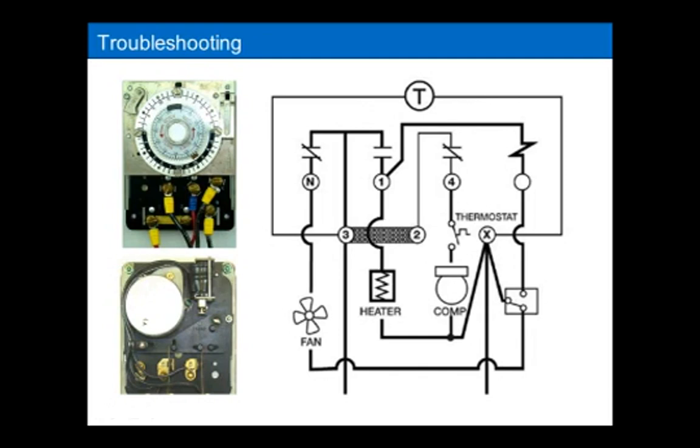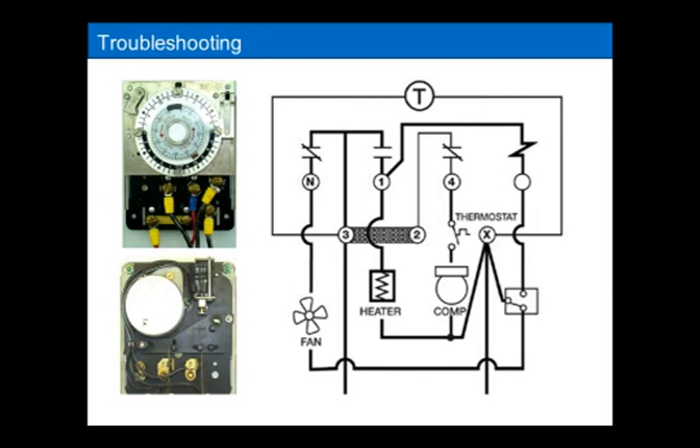If you switch it manually into defrost and your ammeter says that the heaters are drawing current, chances are the heaters are not defective, but for some reason the unit didn't go into defrost. So more likely the defrost clock didn't get you into defrost.